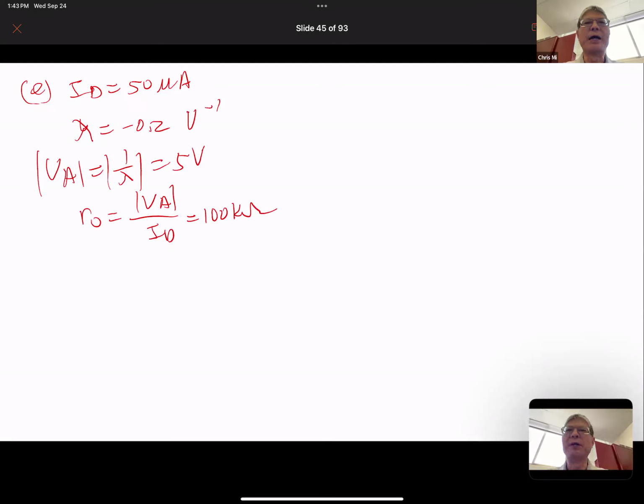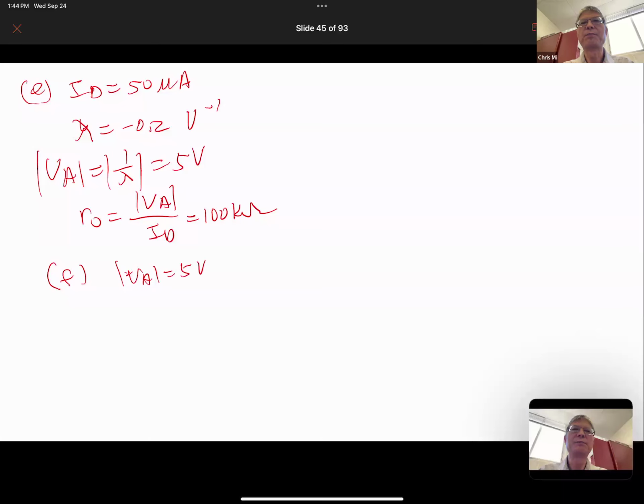Now we can move on to F. F is given the same condition, which means lambda is given, so VA is 5 volts, and VOV was given as 0.32. They want you to find the case when VD is 1 volt or when VD is 0 volts.